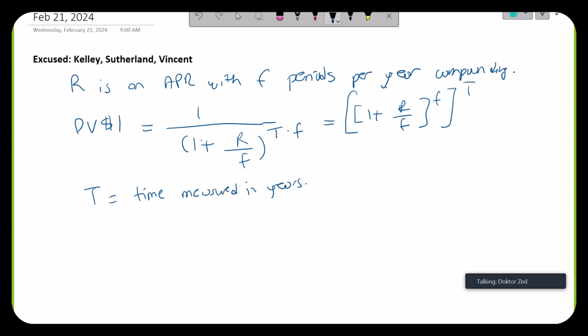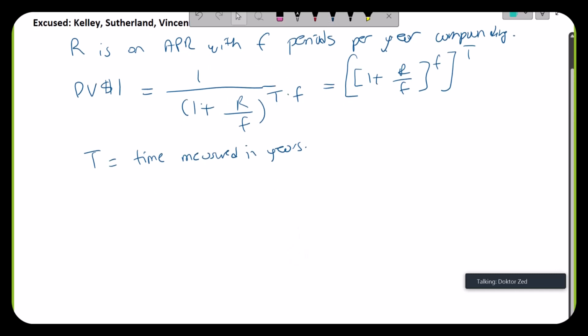All right? Because for exponents, x to the power a to the power b is the same thing as x to the power a times b. Now, let f approach infinity. Remember, that's when continuous compounding happens.